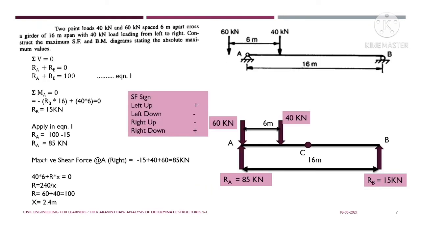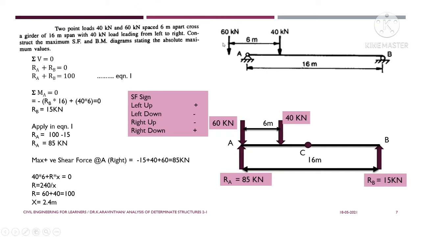Let us take another example to find absolute maximum bending moment. Now we know what is maximum bending moment at a point. Now whatever might be the point in your span, say for example this problem has a 16 meter span, whatever might be your location, you should tell the ultimate bending moment, that is absolute bending moment.